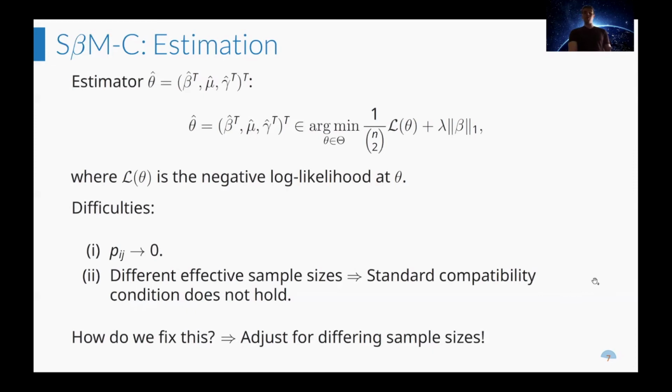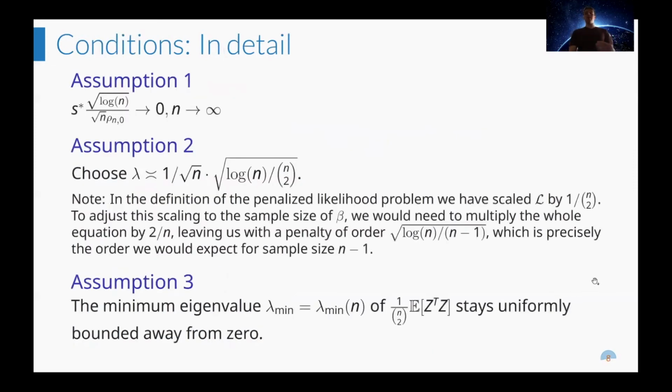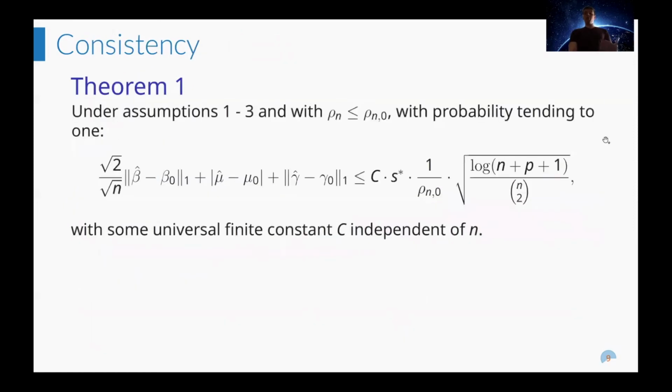But essentially, what these conditions say is that we need to put the assumptions on our sparsity and choose our penalty according to the sample size associated with beta. When we impose all of these conditions, we have the following main result, which is a consistency result for the L1 error that we are committing.